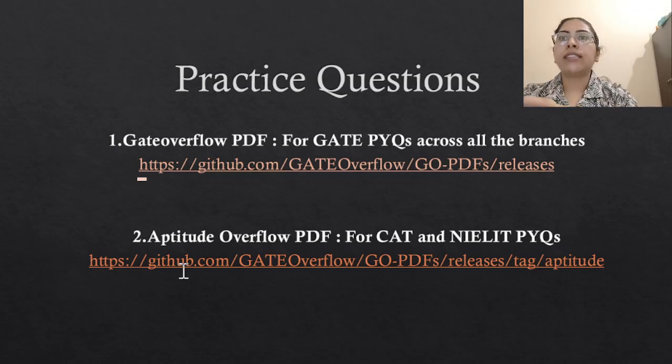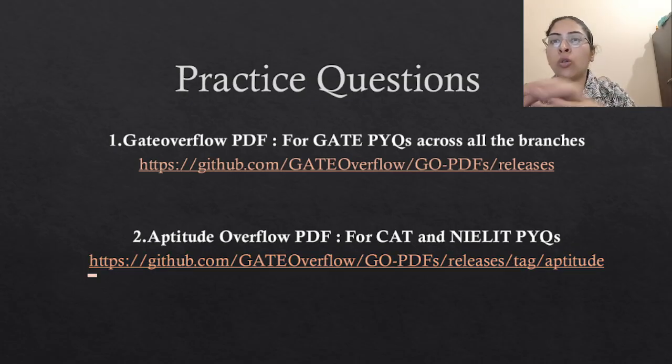Then next is Aptitude Overflow PDFs. These PDFs are for CAT and NIELIT PYQs. If you want advanced aptitude, if you want 15 out of 15 marks, and if you have time also, then you should go with this PDF.